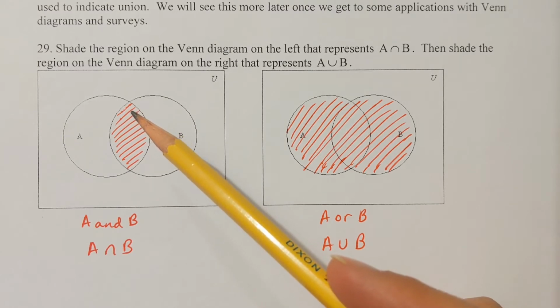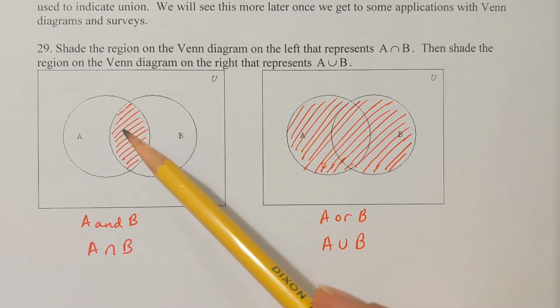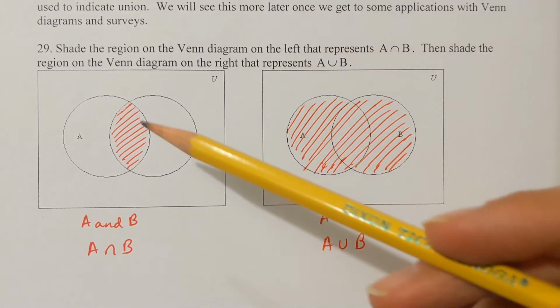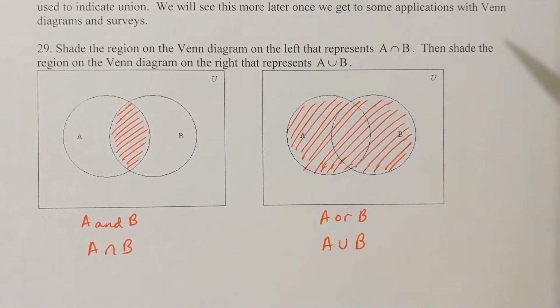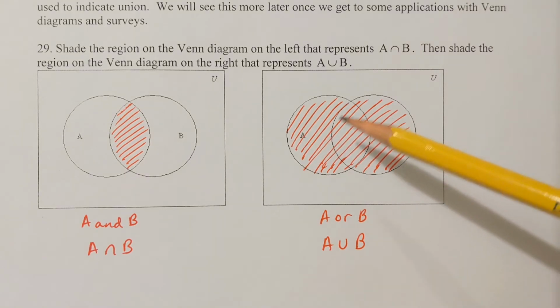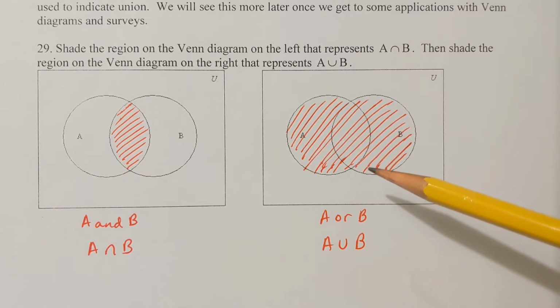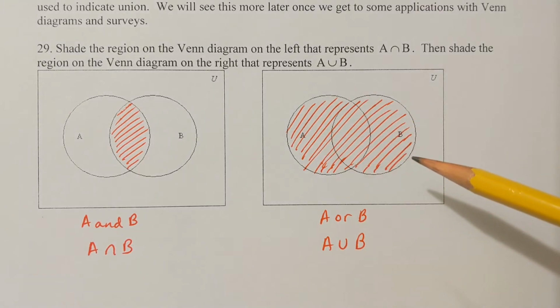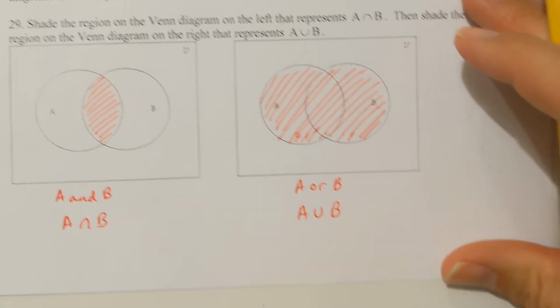So A and B, A intersect B means the same thing. Here's what that represents. Now, A union B is where I want to shade everything in A, or everything in B, and everything in A and B. Okay, A union B, here's what that represents.